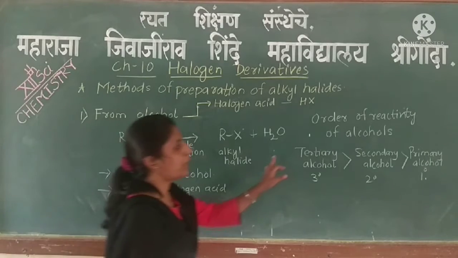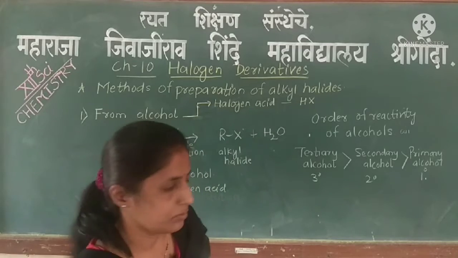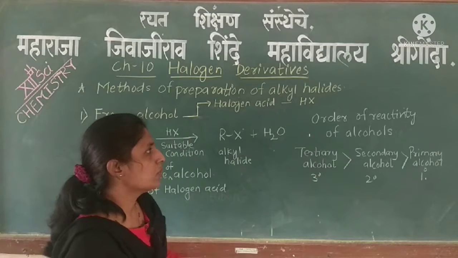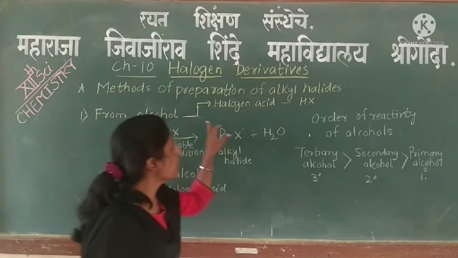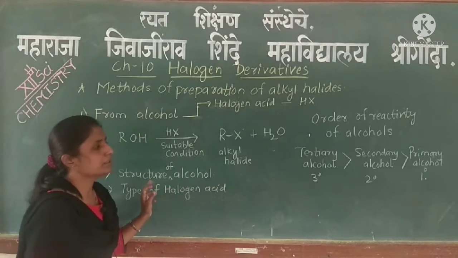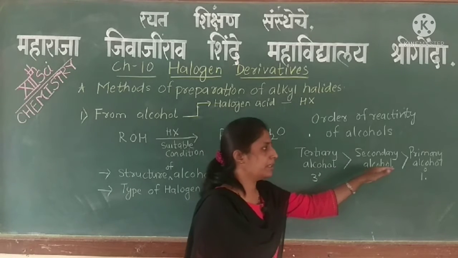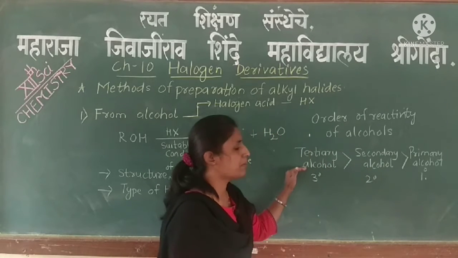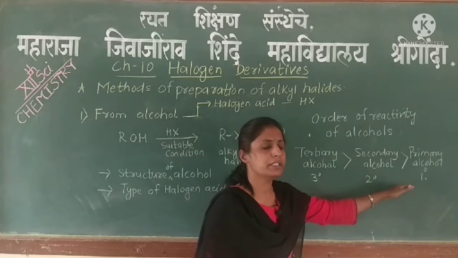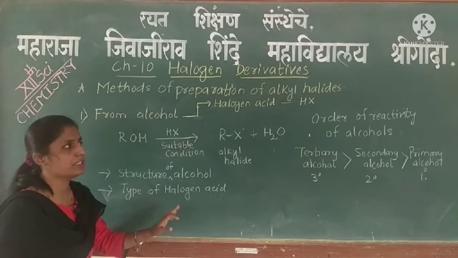So the order of reactivity of alcohols with a given halogen acid depends on whether the carbon of that alcohol is tertiary, secondary or primary.